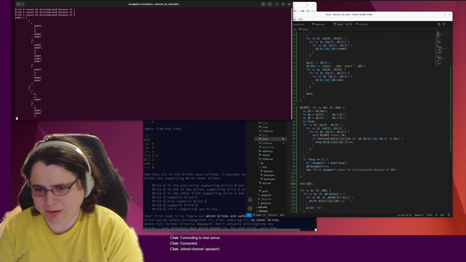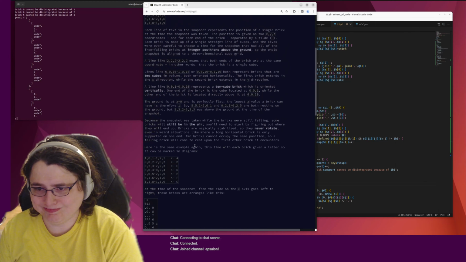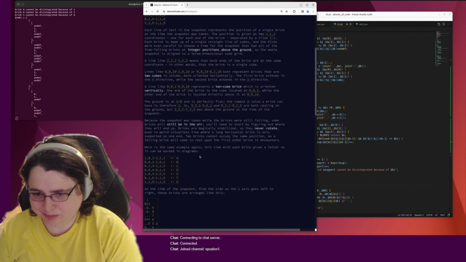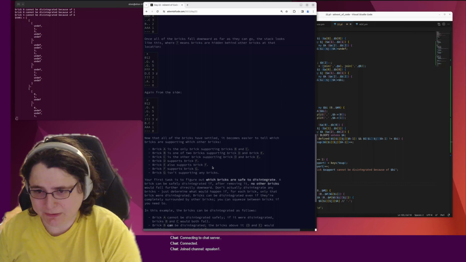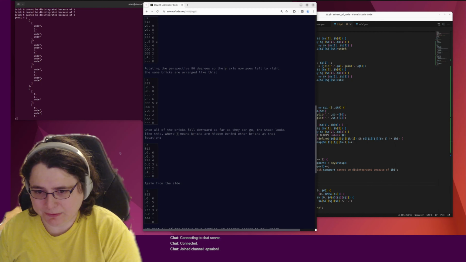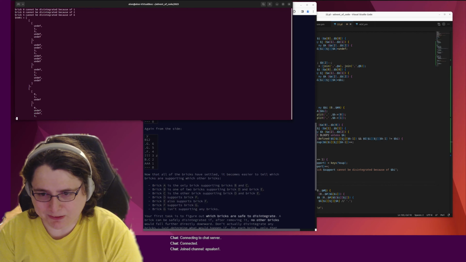Why are there only 3 in x? Okay, yeah, there's only 3 values for x. Okay, that is correct.